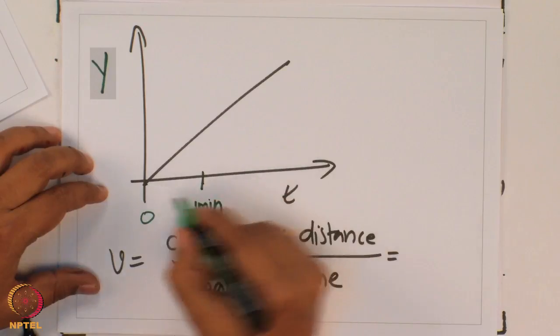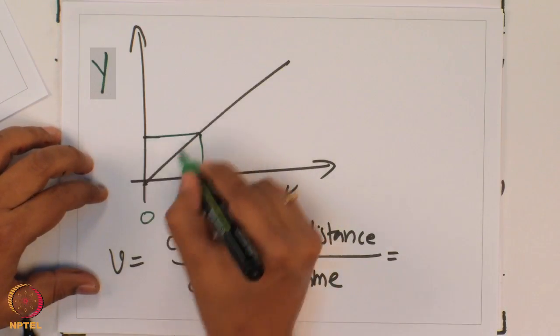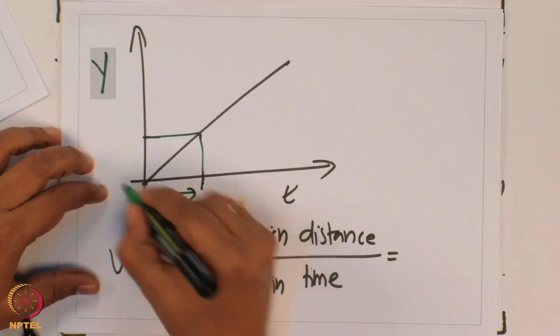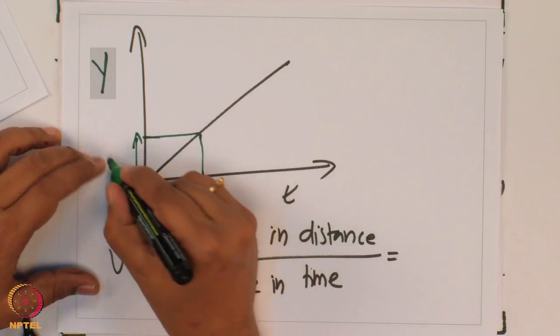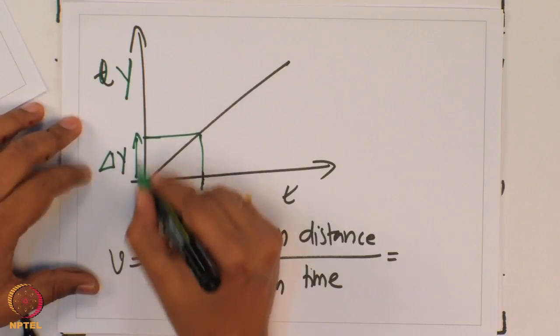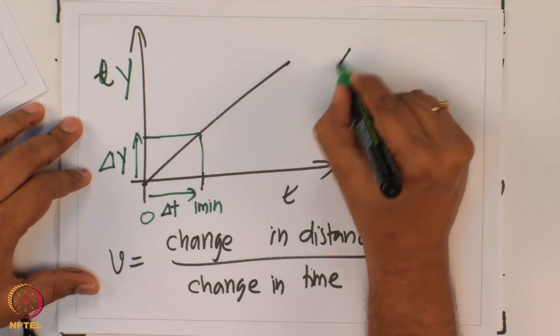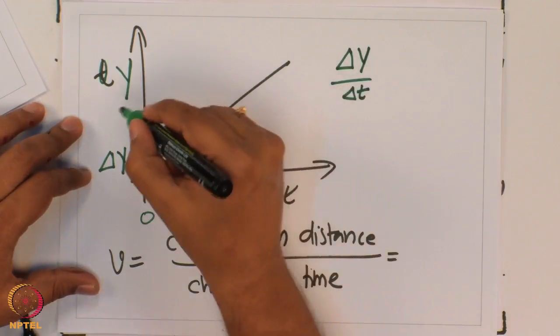In 1 minute, how much did I travel? The time changed by 1 minute, how much did the y change? So this is my y, this is my time, so this is delta y. How much did the y change when the time changed this much?